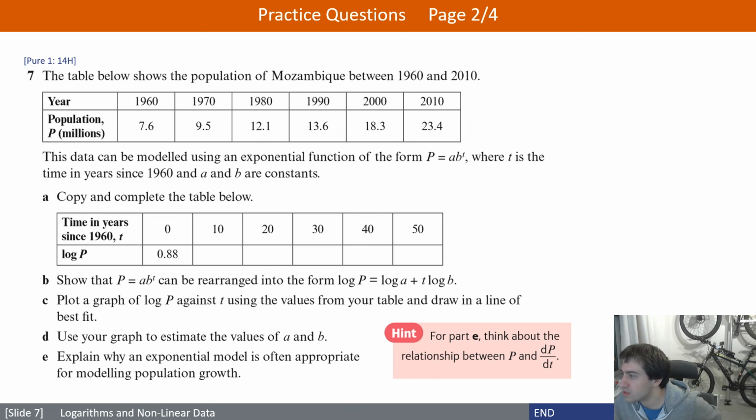Okay, and then this is a question about the population of the country of Mozambique. You can forget A, unless you want to write out the values. Quickly do B. Don't worry about C. And for D, effectively just find A and B. Right, so I just want to know what is this and what is this.